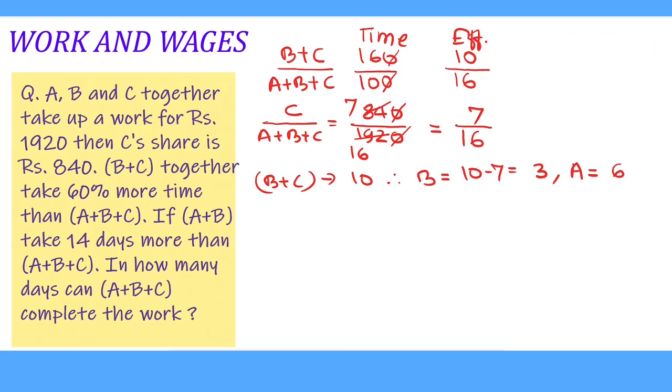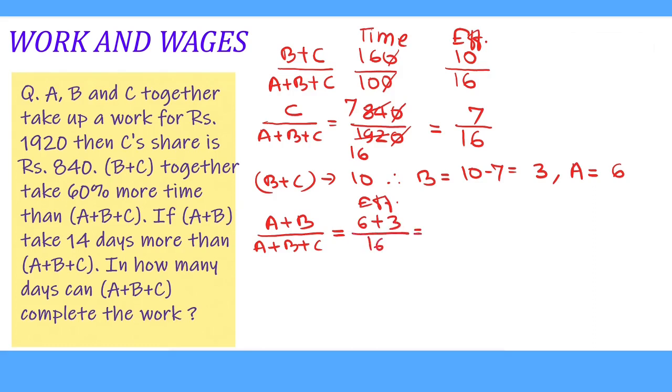So we have to find out the time ratio of A plus B with A plus B plus C. A plus B upon A plus B plus C, by their efficiency ratio, is efficiency of A, 6, plus B, 3, upon A plus B plus C, 16.